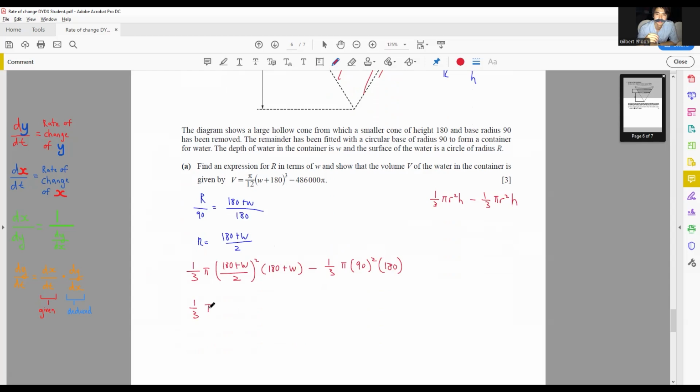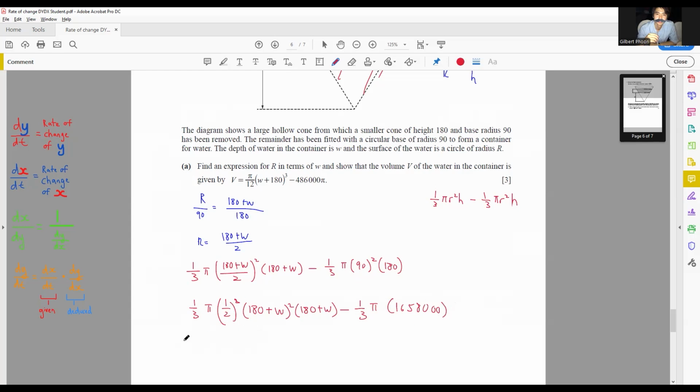1 over 3 pi. The square, I can separate it, where I have 1 over 2 squared multiplied by (180 plus W) squared times (180 plus W), minus, typing this into the calculator, 1 over 3 pi times 1,458,000.